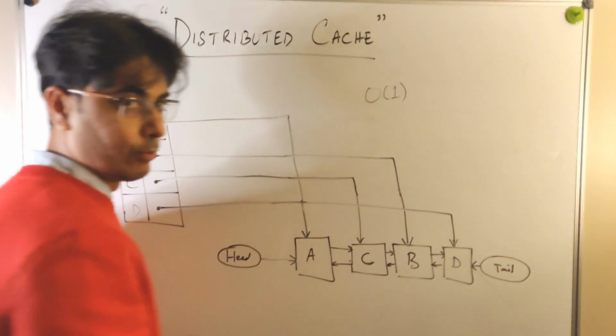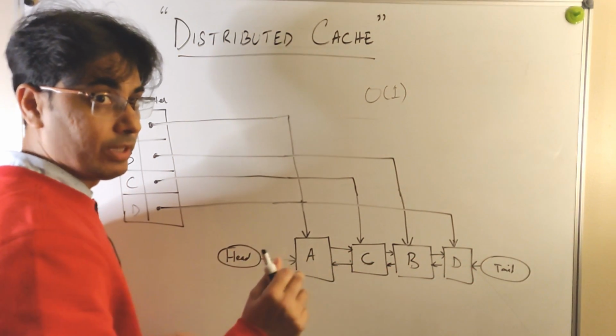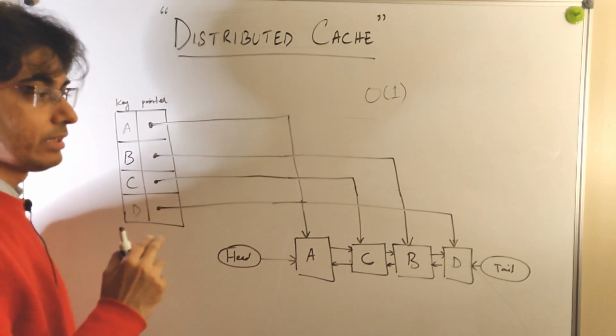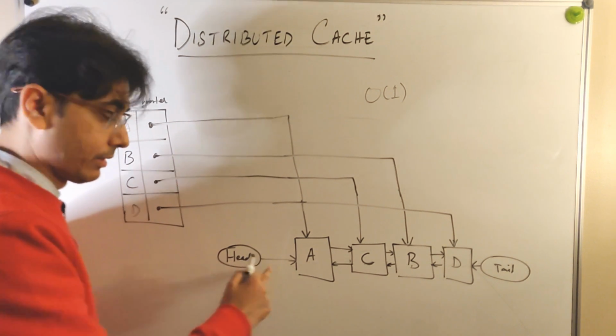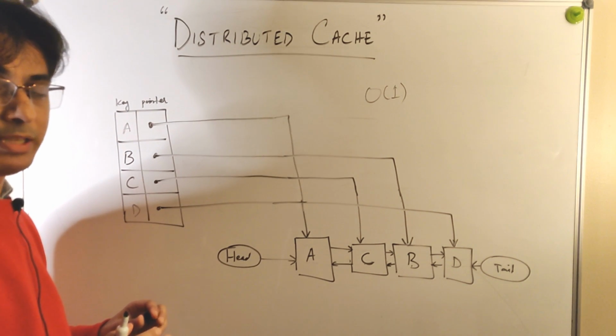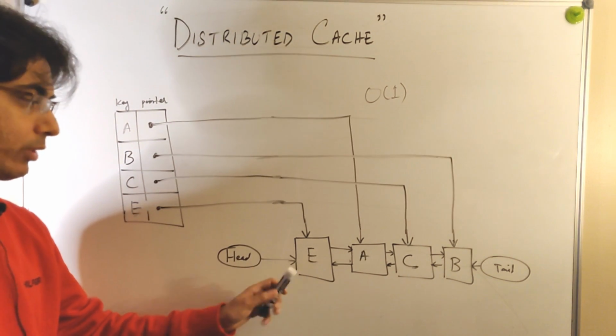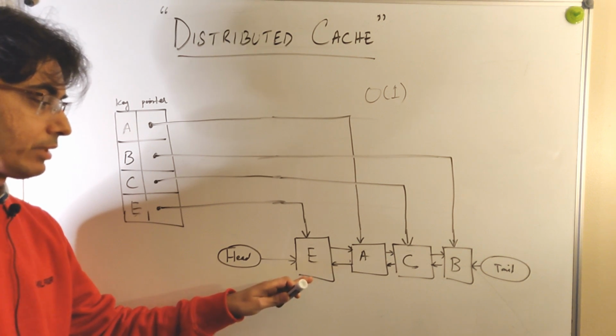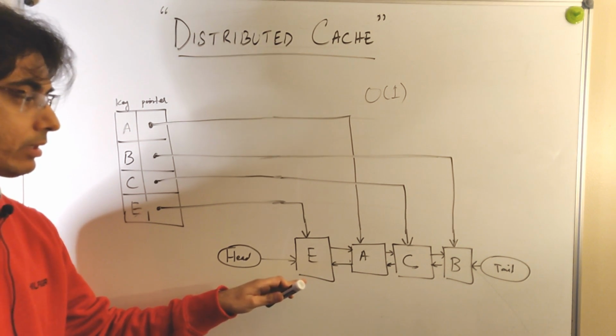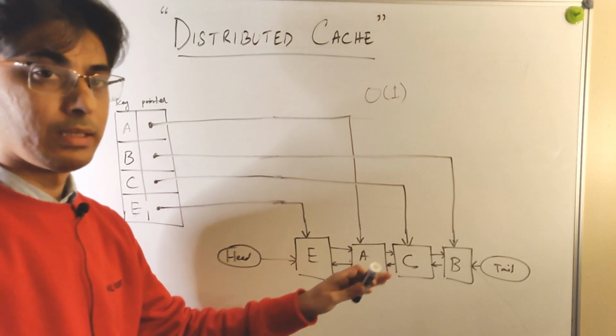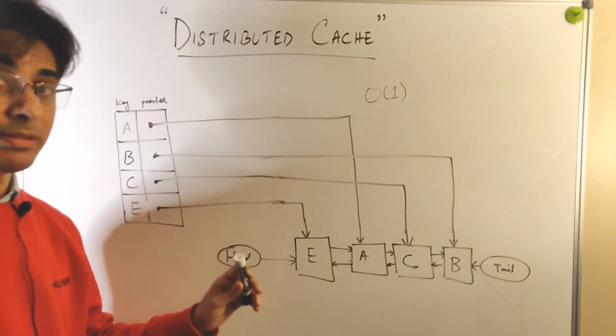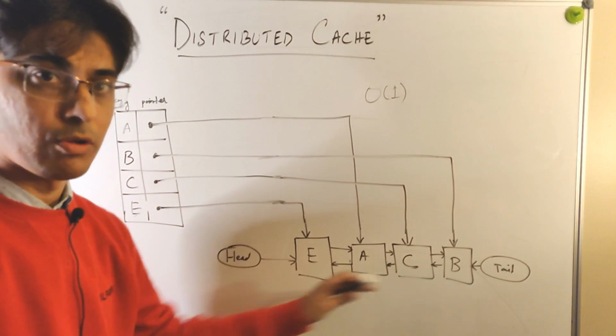We will remove this entry and then insert the new entry E at the head. After this, the doubly linked list will look like this. You can see that E is now at the head of the doubly linked list and the least recently used entry, that is D, is gone now.